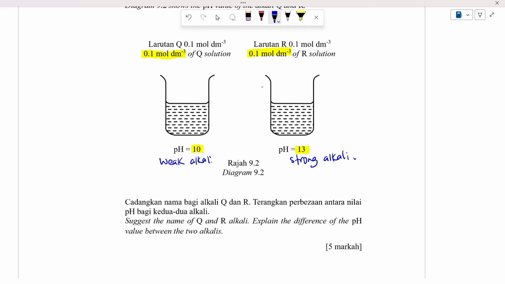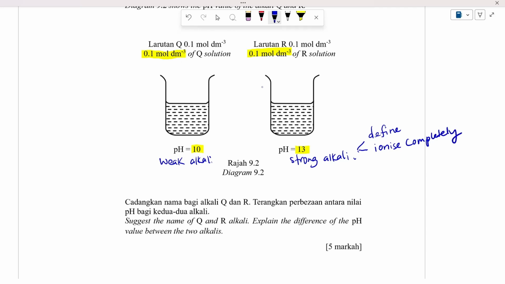So how do you define this? In order to answer this question, it is actually very simple. We need to define strong alkali and weak alkali. Class, for strong alkali, how to define it? Ionize completely.